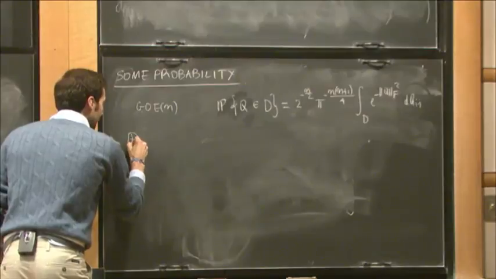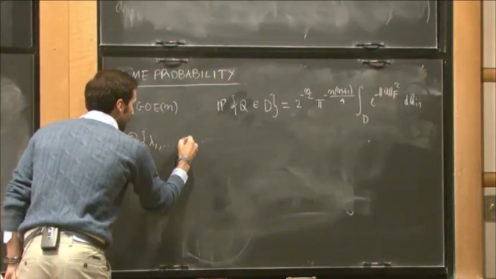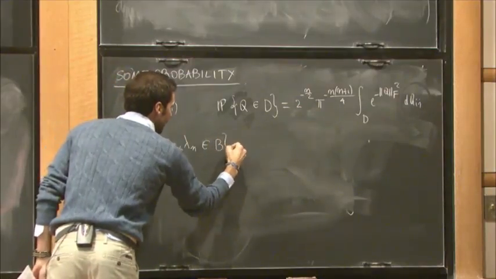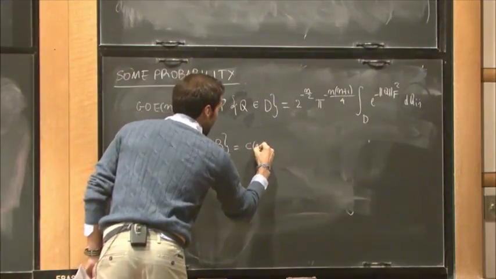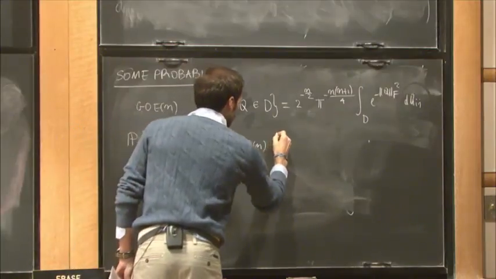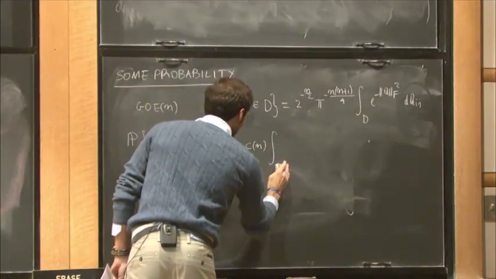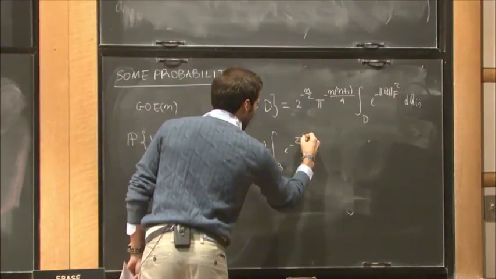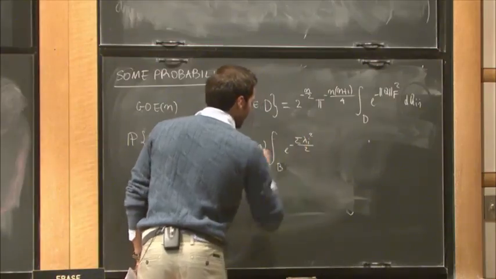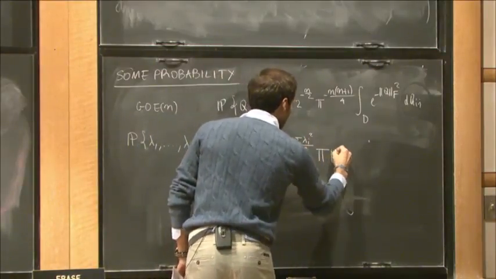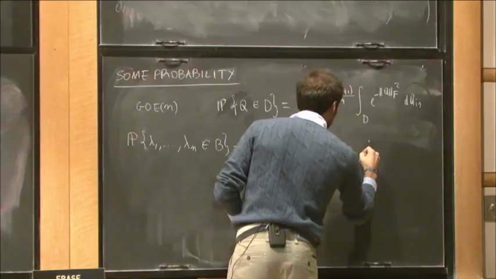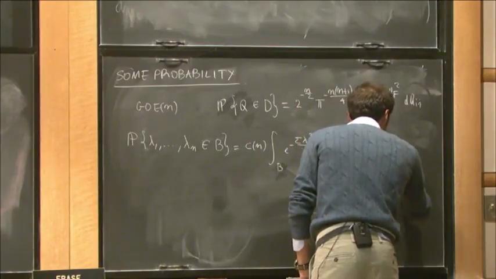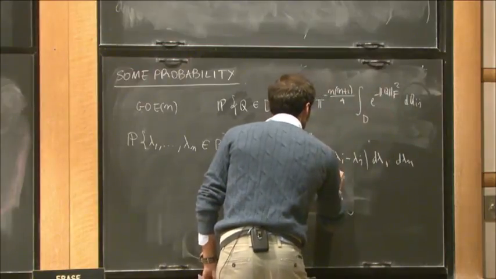So the probability that lambda 1 through lambda n belong to some region B is given by a normalization constant, and then the integral over this region B of e to the minus the sum of lambda i squared divided by 2, and then the product of the absolute values of lambda i minus lambda j, d lambda 1 through d lambda n, where i is smaller than j.